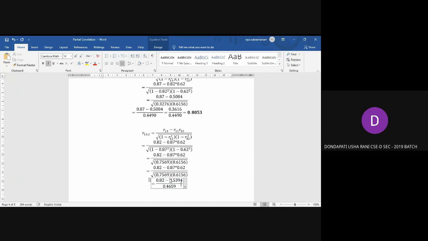I'm still in 13.2 only. 0.82, because I'm working with the LaTeX word. So 0.0. 0.28.